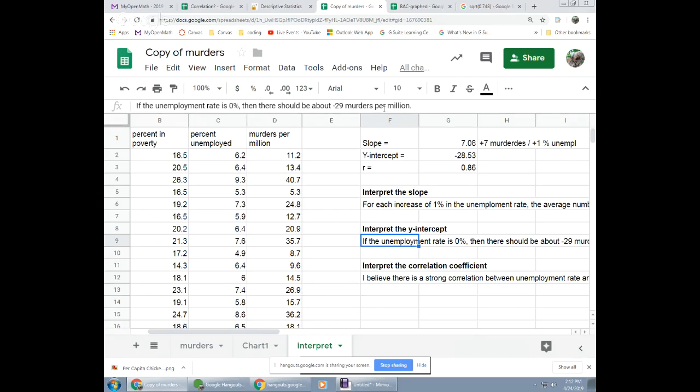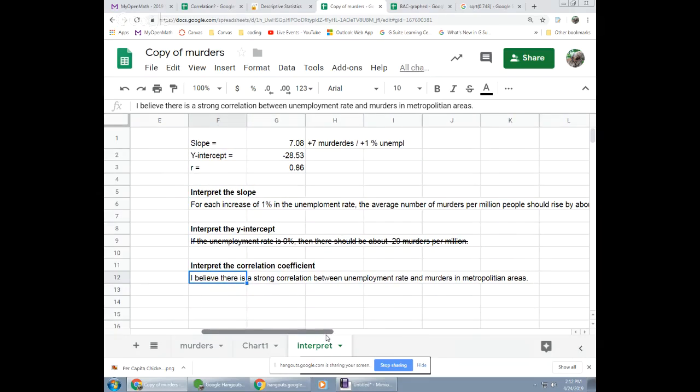So this is meaningless. We could strike that out. And then it's kind of a matter of opinion in this situation. I believe there's a strong correlation between unemployment rate and murders in a metropolitan area. My evidence of that is an R value that's relatively close to 1, 0.86.